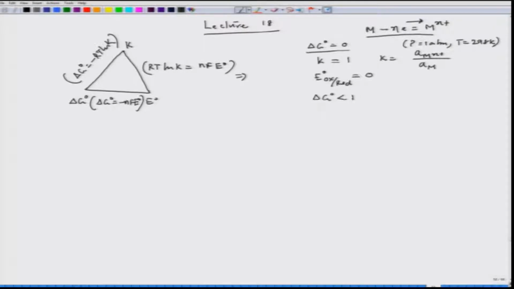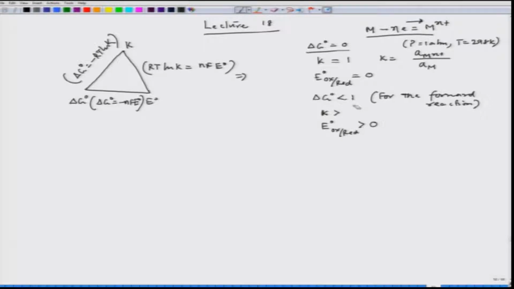So, for the forward reaction, K becomes greater than 0, that means K becomes positive. So, more amount of product will form, and E0 ox red is also greater than 0.